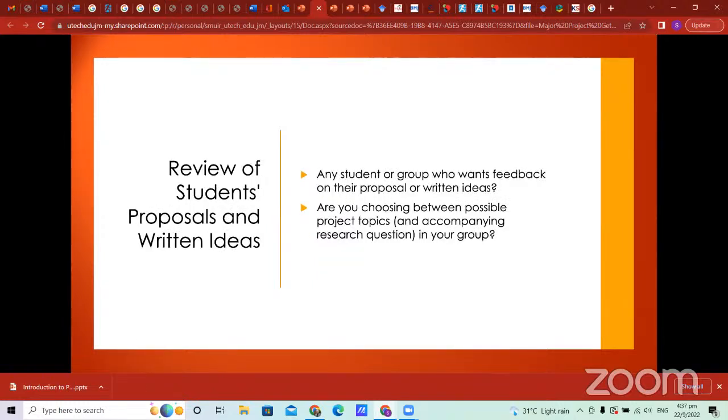So what I want to spend the rest of the time on, apart from general open questions, is reviewing your proposals and written ideas. What I'm finding out from students, I've met with a couple, and from supervisors, is that, for example, a particular supervisor told me last night on the phone that he's been approached by several groups and agreed to supervise one, but his comment was, most of these groups are jokers.